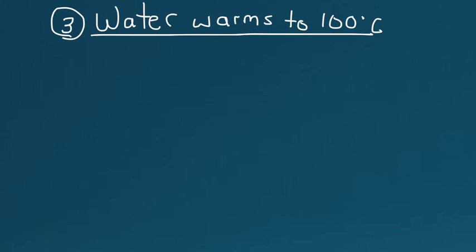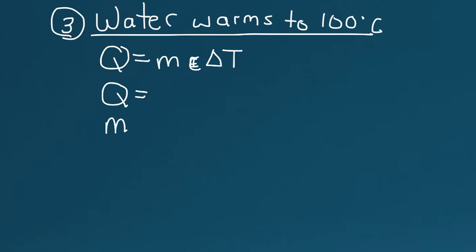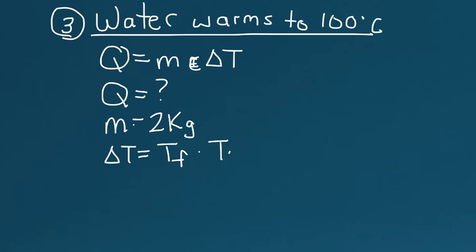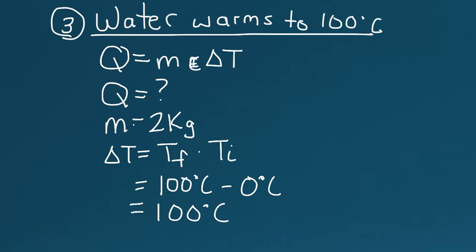So for that I'm going to use my Q equals mc delta T. That's how much energy it takes to raise a substance's temperature. Write my knowns and unknowns. We don't know Q. M is still 2 kilograms. Delta T is the T final minus T initial. So my final temperature is 100 degrees Celsius. My initial temperature was 0 degrees Celsius. So my change in temperature was 100 degrees Celsius.